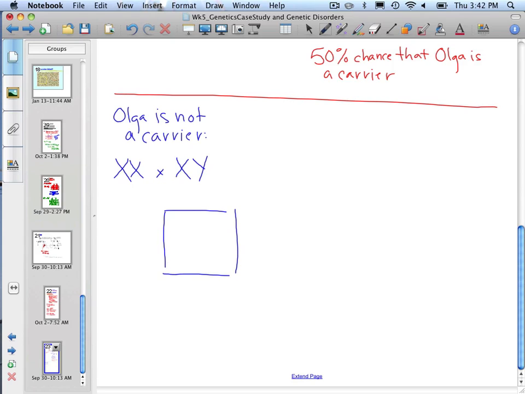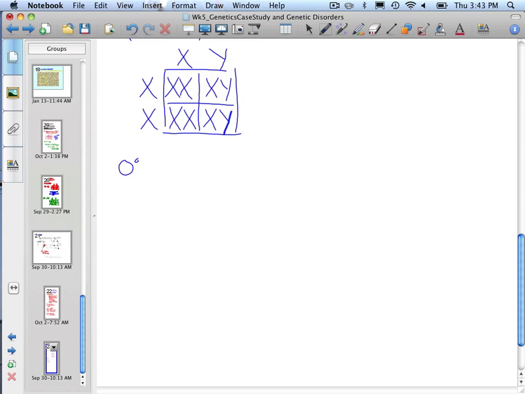So you see that Olga is homozygous for the unaffected X's, and Greg has a normal X and a normal Y. So in the case in which Olga is not a carrier, there's a 0% chance that she will pass the allele on to her offspring, and therefore a 0% chance of her offspring having factor 8 deficiency.